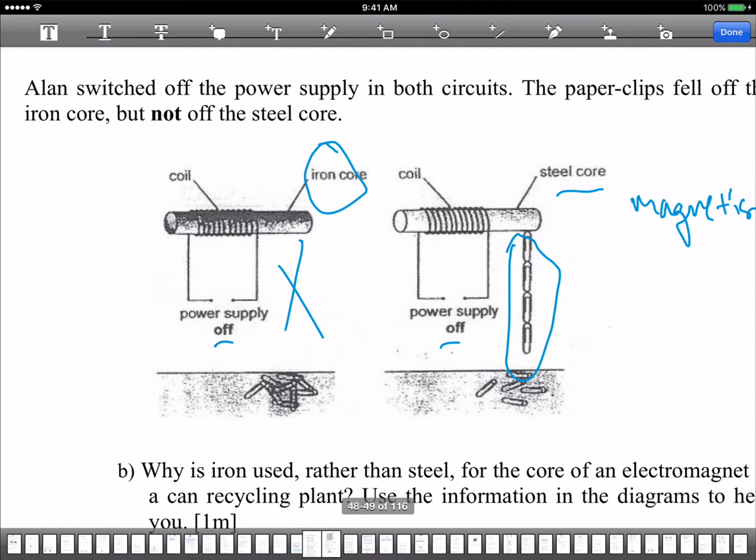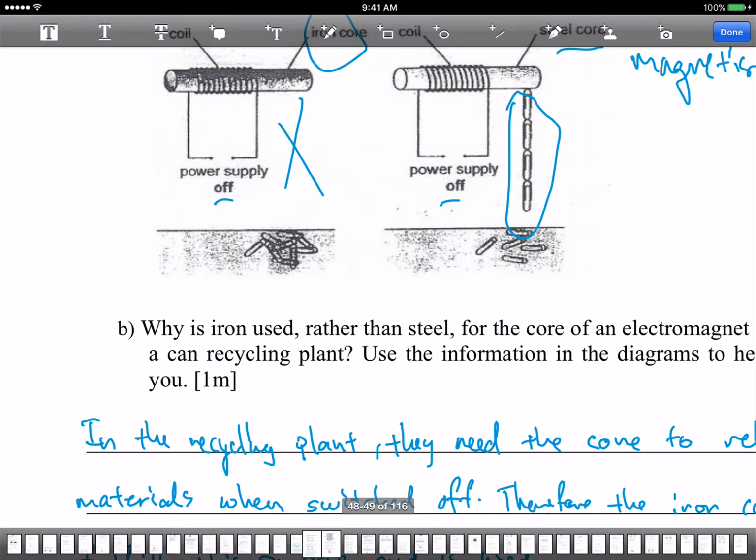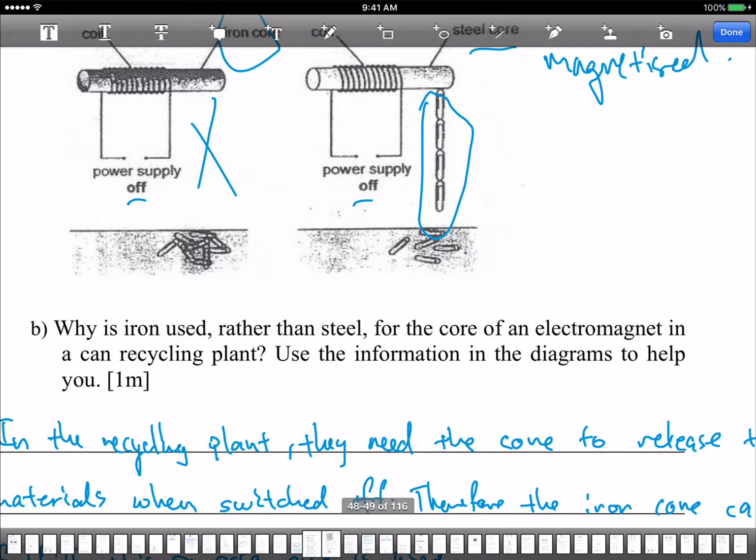So in part B, why do they use iron for the recycling plant? Why don't they use steel? Recycling plant. So imagine a recycling plant. They recycle this thing, right? So they take this. What do they do in the recycling plant?